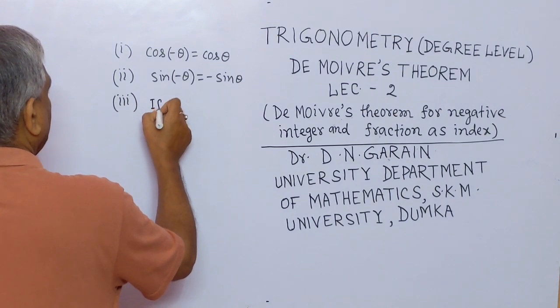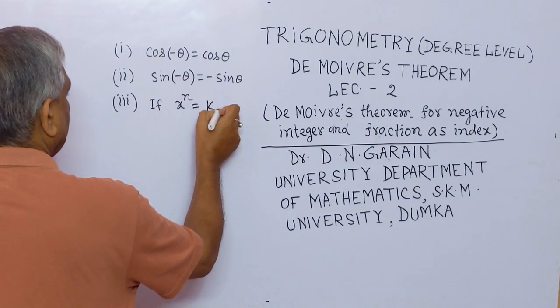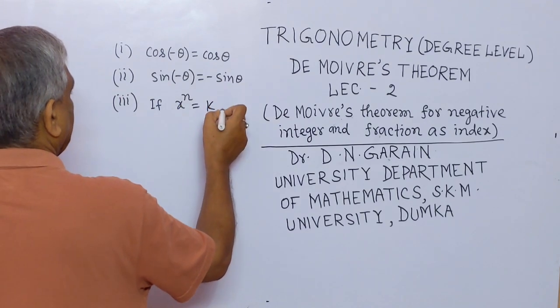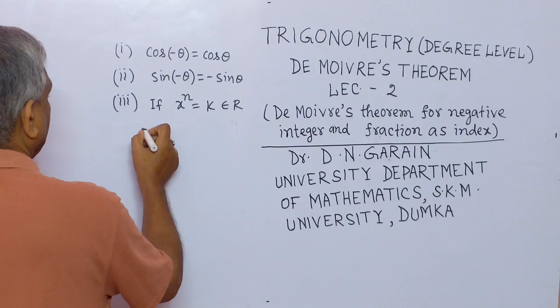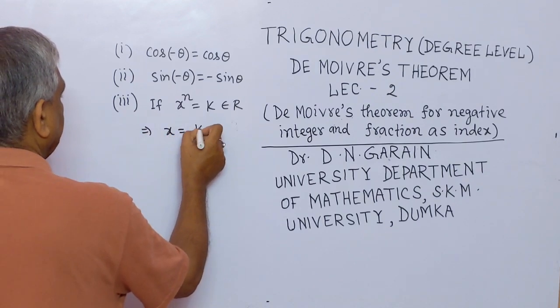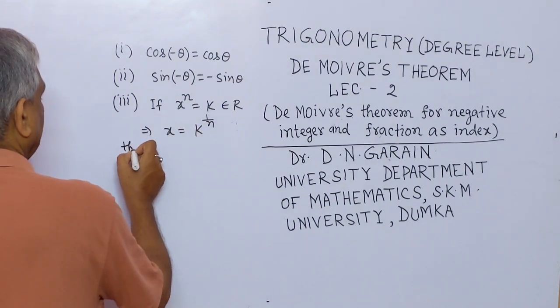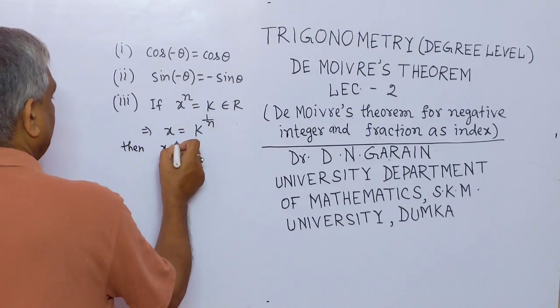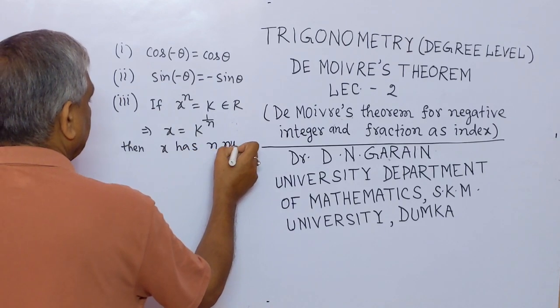If x to the power n equal to k, k be any real number, implies that x equal to k to the power 1 by n, then x has a number of values.